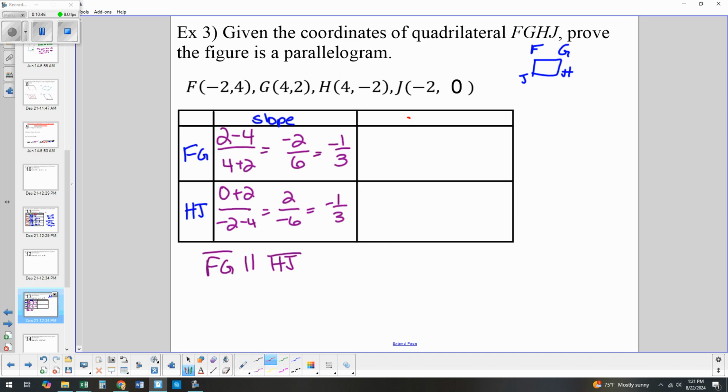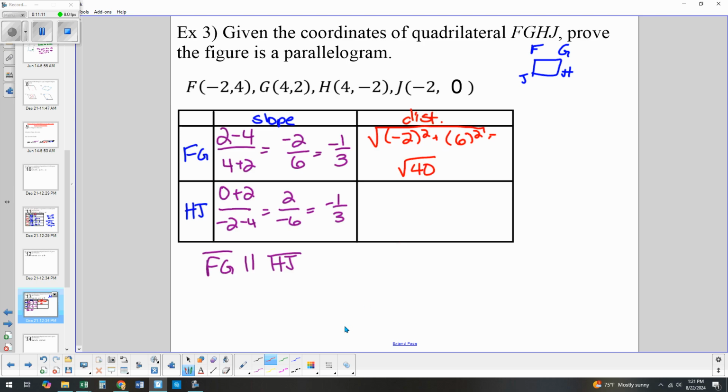And now let's do our distance. And I'm going to do my sneaky little distance trick. I'm going to take the numbers I got when I did 2 minus 4 and when I did 4 plus 2. Not the reduced numbers, because that's not what I got when I did 2 minus 4 and 4 plus 2. I'm going to use the negative 2 and the 6. So that's going to be negative 2 squared plus 6 squared. So that's 4 plus 36.